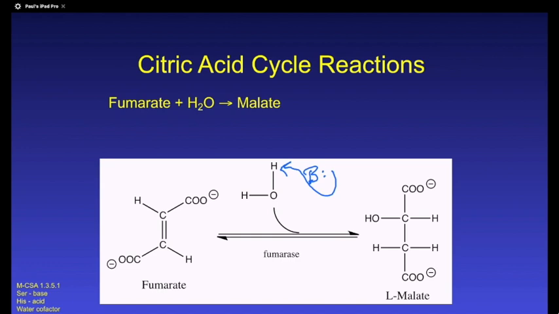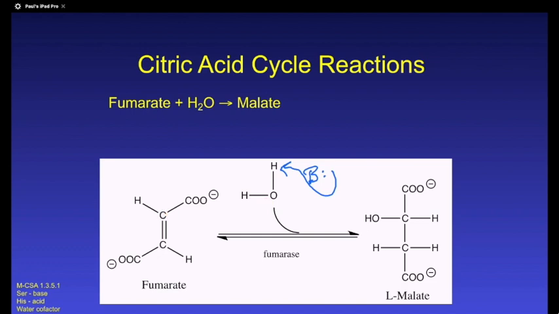All right. Now, for sake of argument, does it attack here or does it attack there? Really doesn't matter because they are both the same, but in the enzyme, one of them will be oriented towards this hydroxide.